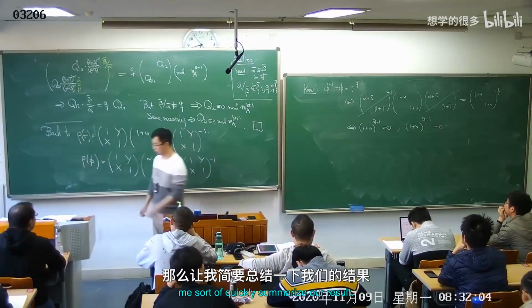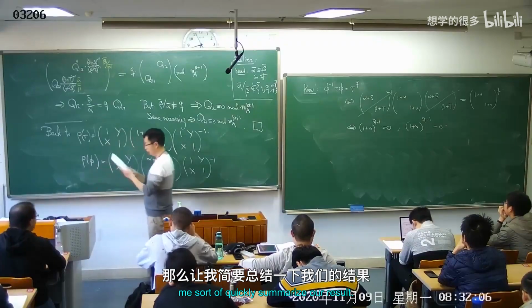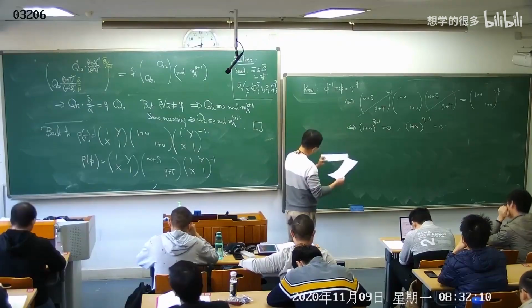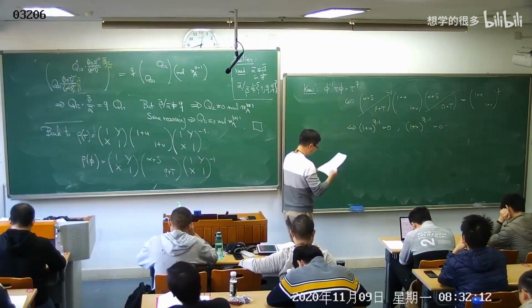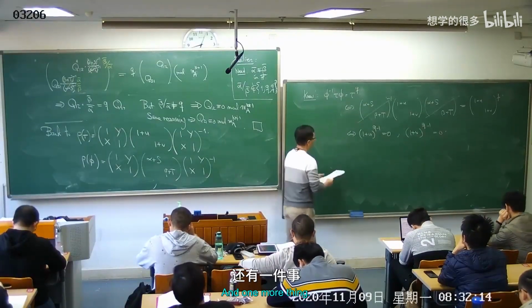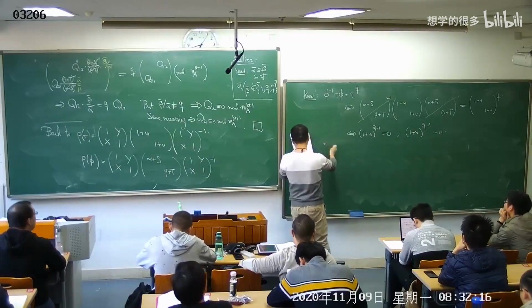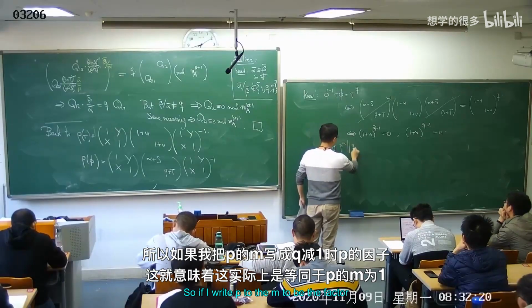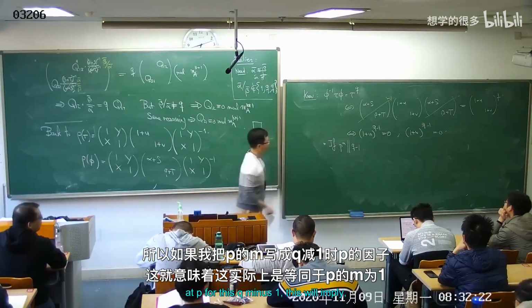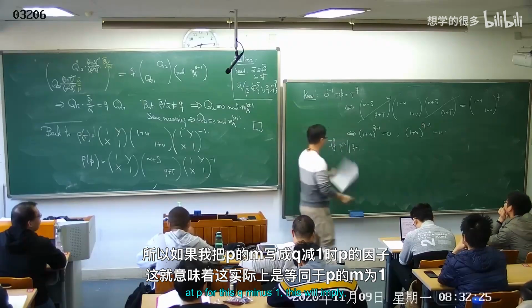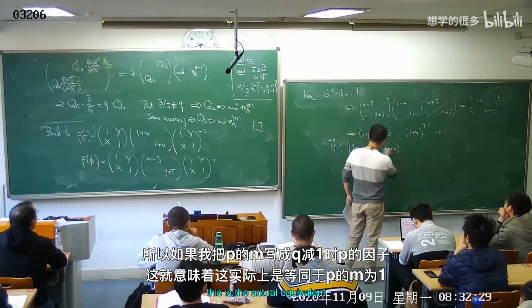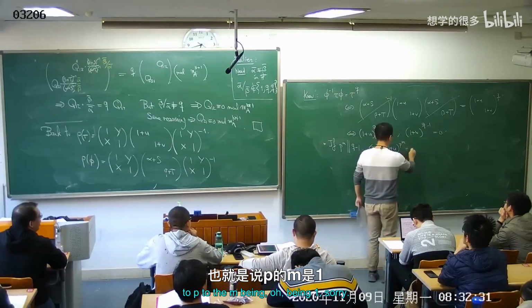So let me quickly summarize our result. And one more thing. If I write p to the m to be the factor at p for this q minus 1, this will imply, this is actually equivalent to p to the m being 1.